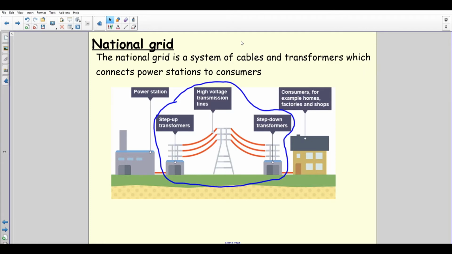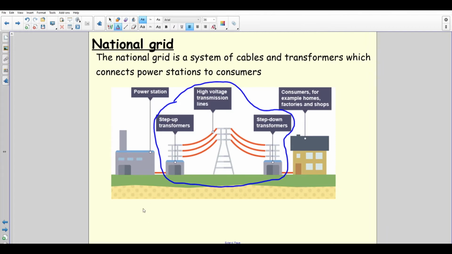Same with the bulb we looked at before. As the voltage went up, the current went up, and then it got really hot, the ions started vibrating, and it started to cause a high resistance. We don't want that. We want to have as low a current as possible going through these wires, because the less current there is, the less heat there's going to be given off, and then it's going to be more efficient because you're not wasting energy.